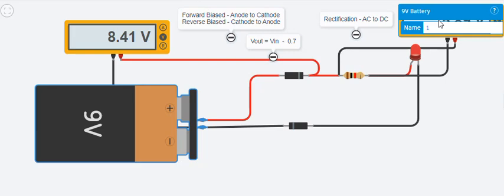In rectification, we need an AC supply. We need an AC power supply. Let's see if we can get a power supply.